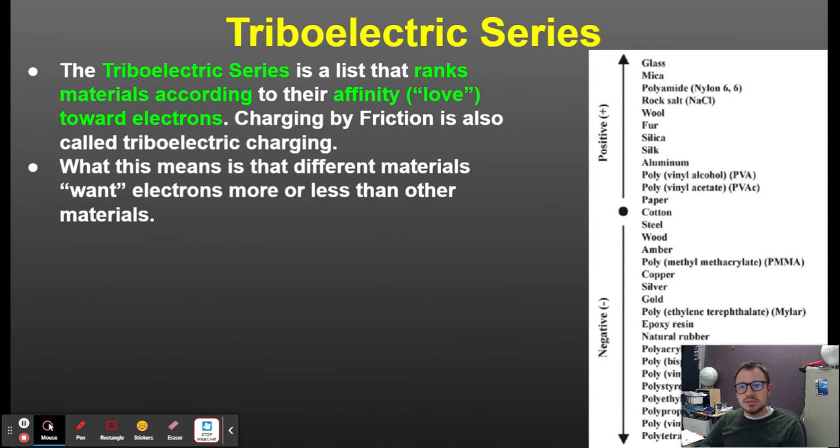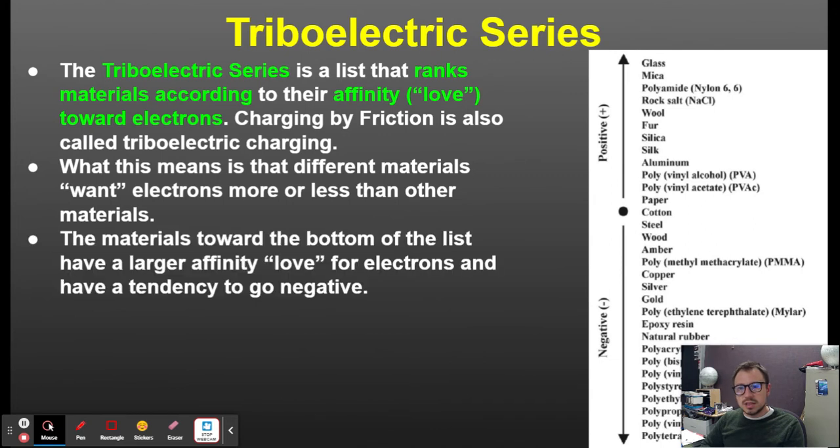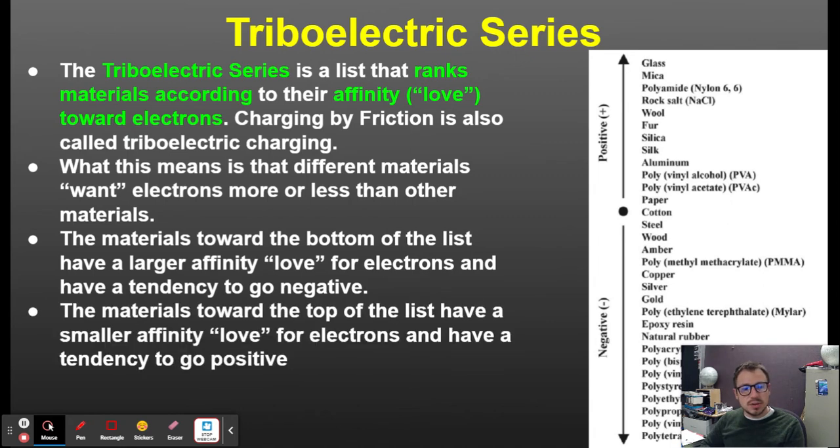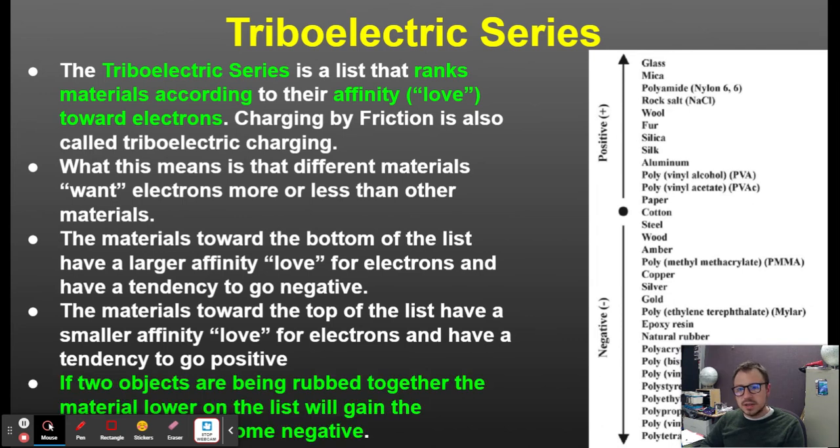What this means is that different materials want electrons more or less than other materials. Materials towards the bottom of the list have a greater affinity or love for electrons and have the tendency to go negative. The materials towards the top have a smaller affinity or love for electrons and have the tendency to go positive. When two objects are rubbed together, the material lower on the list will gain the electrons and become negative.